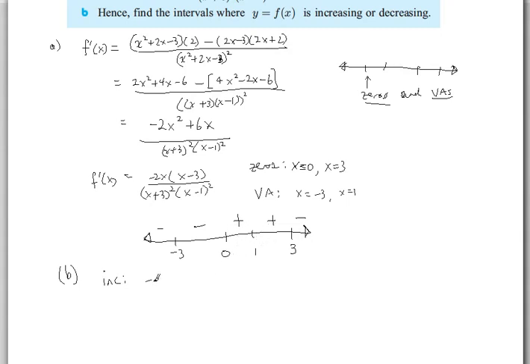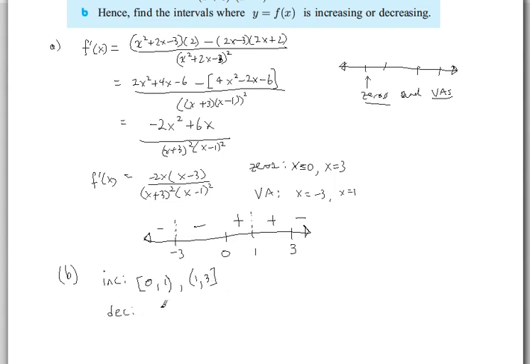So we could say from 0 to 1, okay? Since 1 actually is a vertical asymptote, that's not going to be defined. Since f prime of x is not defined at these 2 points, we will actually leave those open, okay? And then from 1 to 3 would be my intervals of increase.